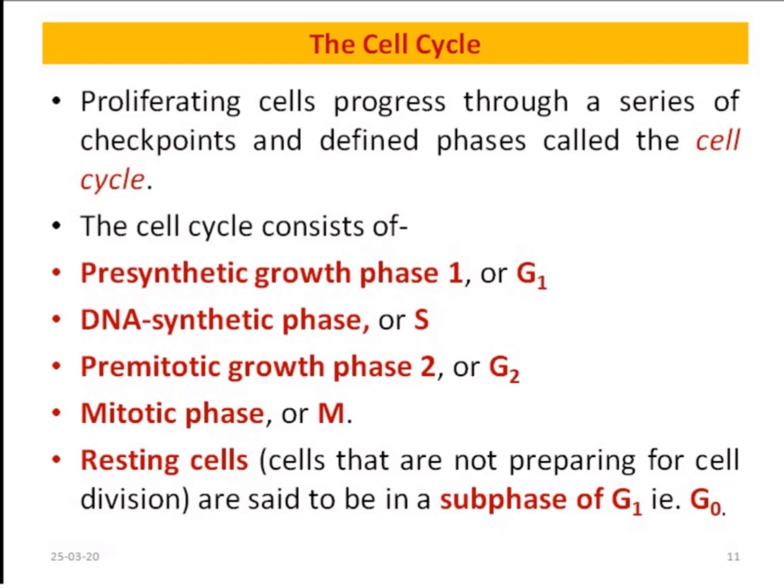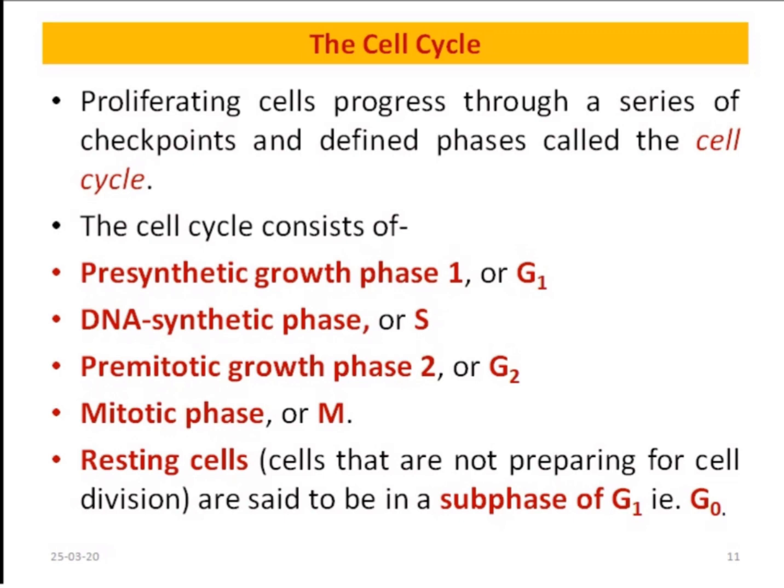Sometimes they are not properly formed, they have certain kinds of damage, so the body won't allow those cells to go for further division. And those kinds of cells will be kept in the subphase or G0 phase, right?